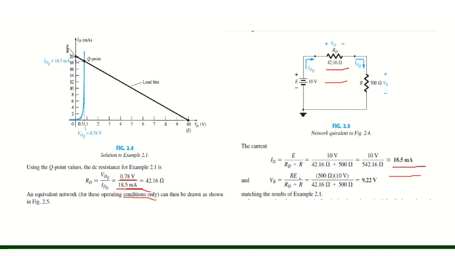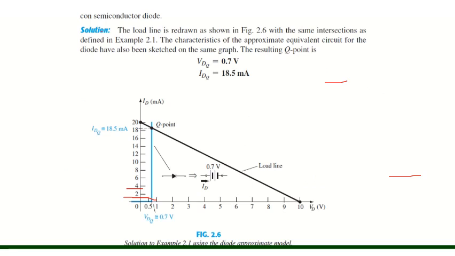So VR is equal to E, which is 10 volts, multiplied by R, the resistance value, divided by the summation of all the resistances, which is RD plus R. So 10 times 500 divided by 42.16 plus 500 is 9.22 volts. So 9.22 volts will be dropped here, and the rest of the value, which is 0.78, will be dropped across the diode. It's the same value which we calculated using the load line analysis.